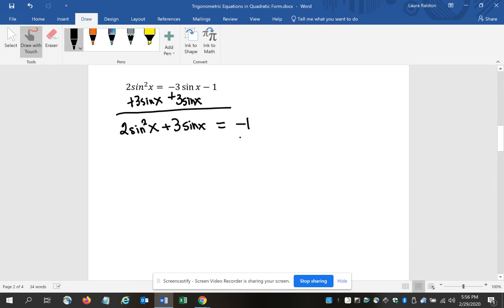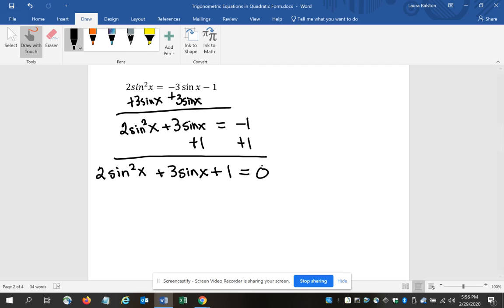Again, I'm trying to get it set equal to 0, so I'm going to add 1 to either side. So I have 2 sine squared x plus 3 sine x plus 1 equals 0.